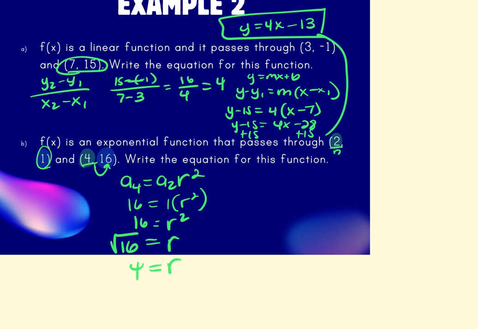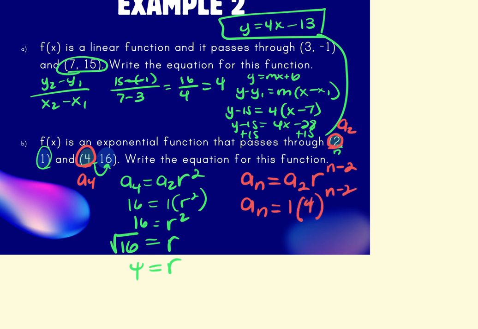And I can set up 2 different equations. I can really do 3 if I wanted to go that far. One where my first term is a2, or one where my first term is a4. I just have to adjust the exponent on it after. So if an equals a2, this would be r to the n minus 2. So I could say an equals a2, which is 1 times r to the n minus 2, or an equals 4 to the n minus 2.